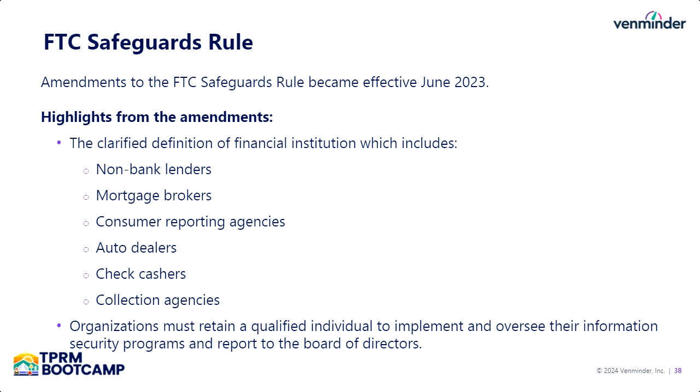The amendment also requires a certain level of reporting to the board of directors or governing body, at least annually. That reporting should include details about how the organization is complying with its information security program and details on service provider arrangements, which are your third-party relationships.